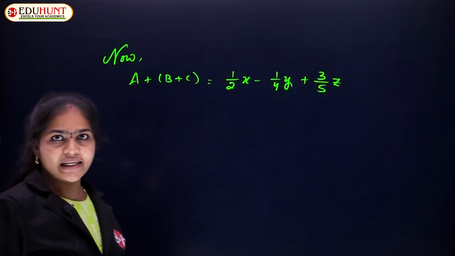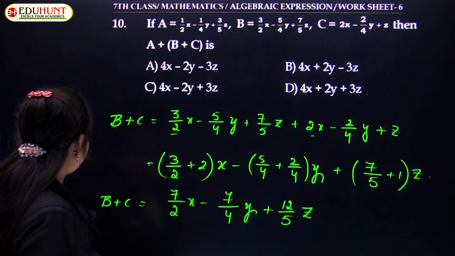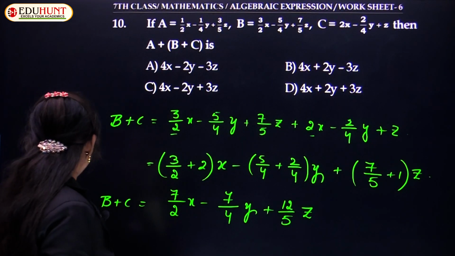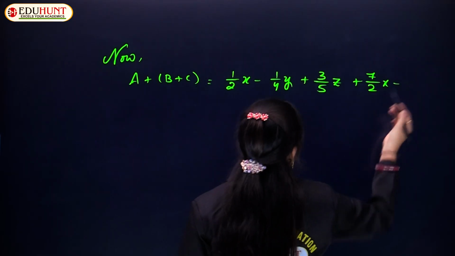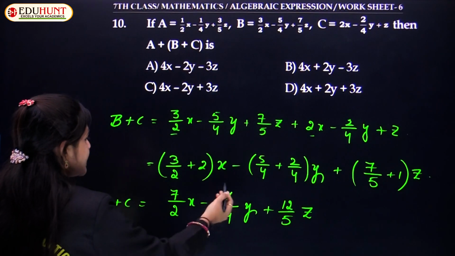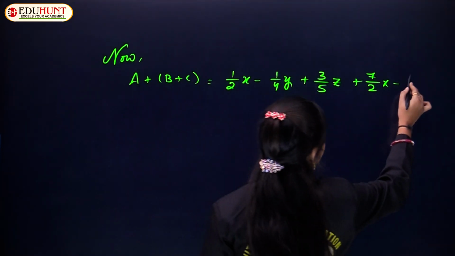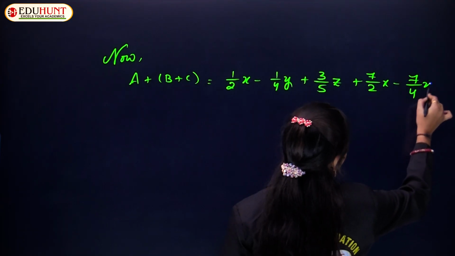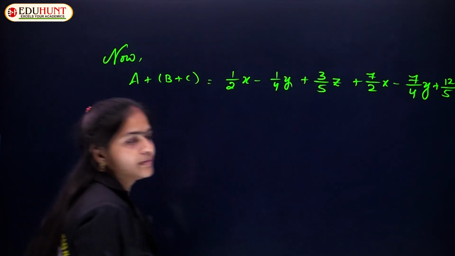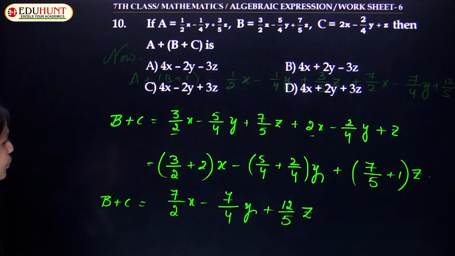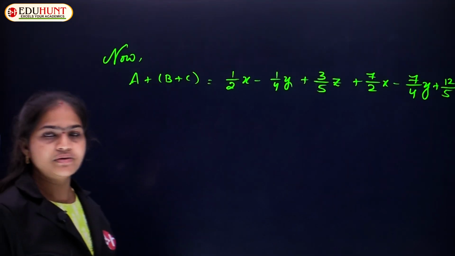This is the value of A. Now what is the value of B plus C? B plus C is 7 by 2 x minus 7 by 4 y plus 12 by 5 z.